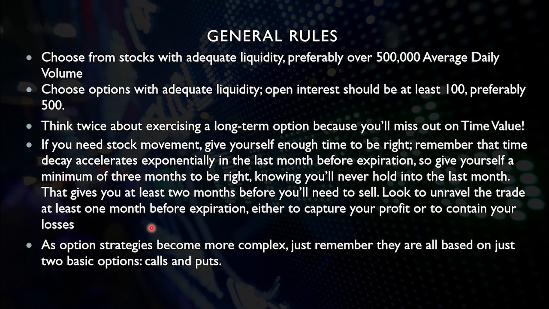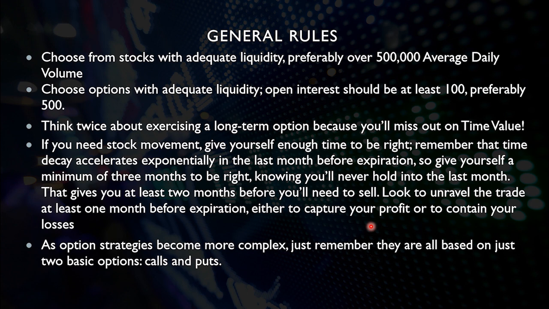Next, if you need stock movement, if you're looking to implement volatile stock movement, either up or down, or you're bullish on your stock, you need to remember to give yourself enough time to be right. Remember that time decay accelerates exponentially in the last month before expiration.